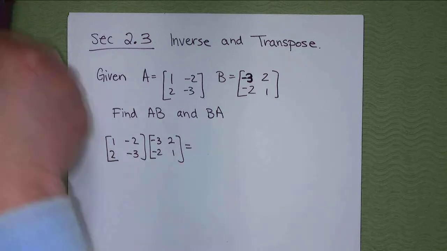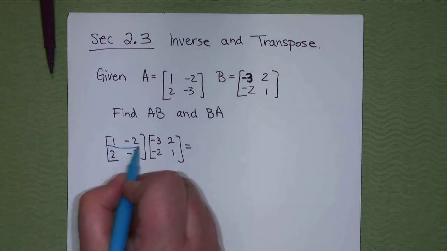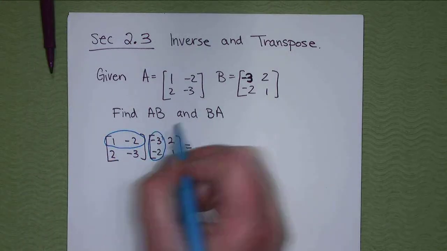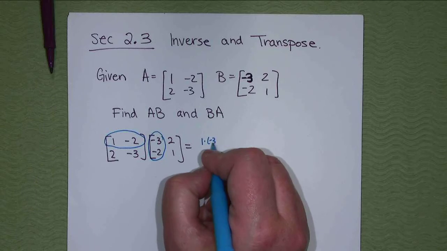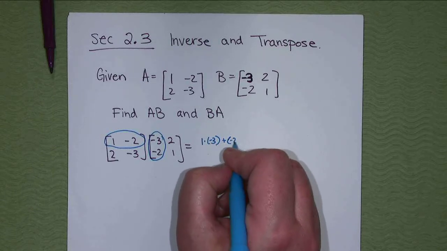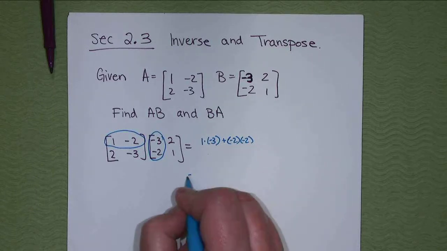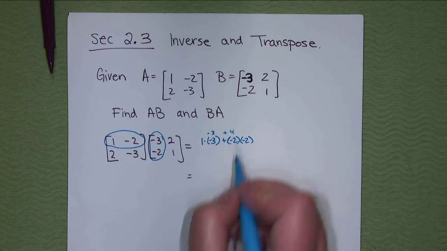So let's see. 1 times minus 3 plus minus 2 times minus 2. So this is minus 3 plus 4 is 1.